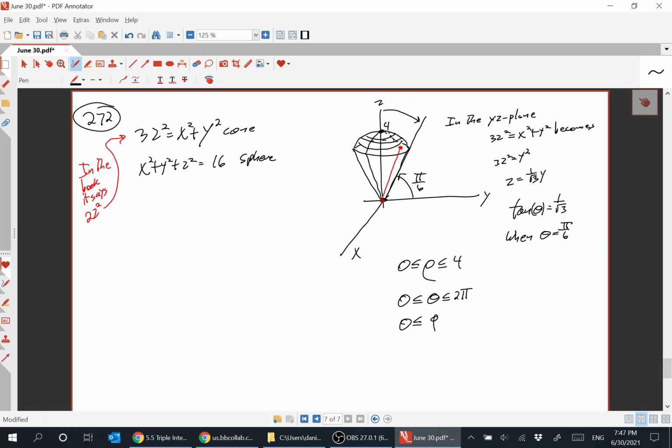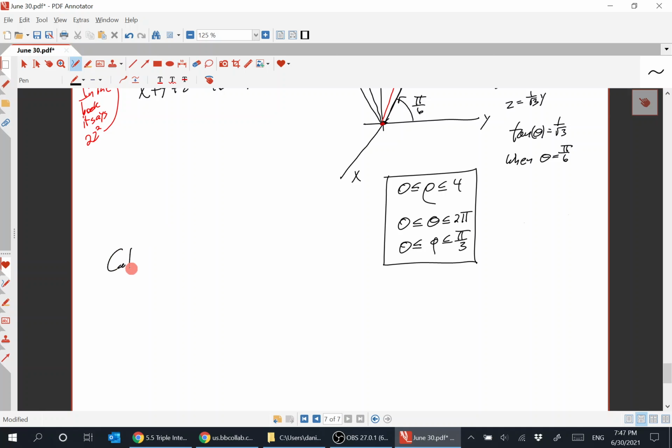Pi over 2 is 3 pi over 6, so it's 2 pi over 6, pi over 3. Oh, of course. That's 60 degrees. This is 30 degrees. 30 plus 60 is 90. Right, so that's the description in terms of spherical coordinates.